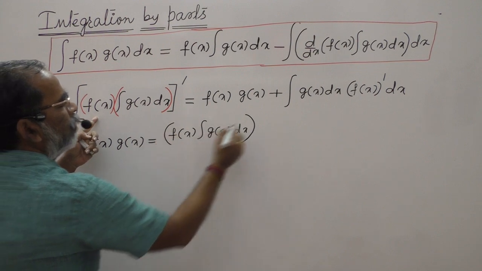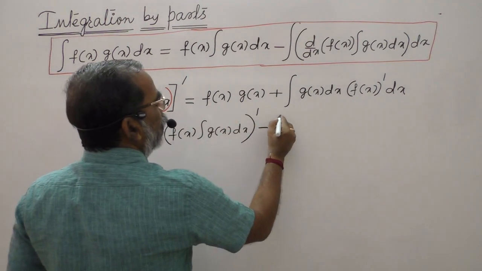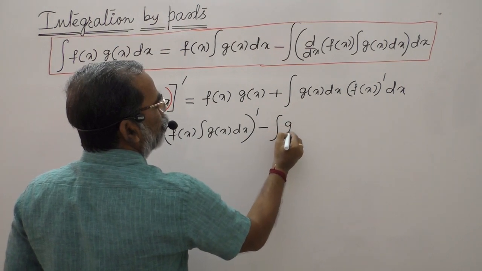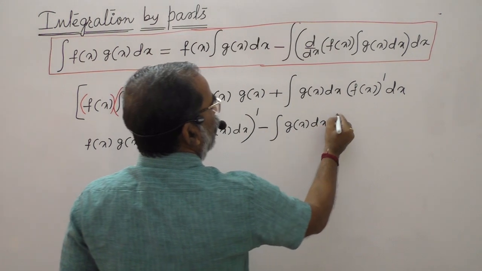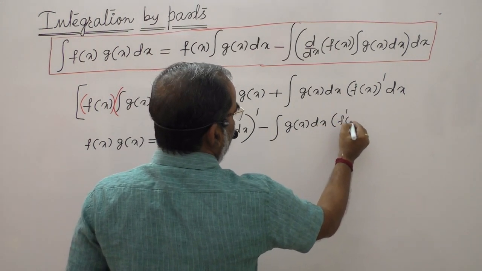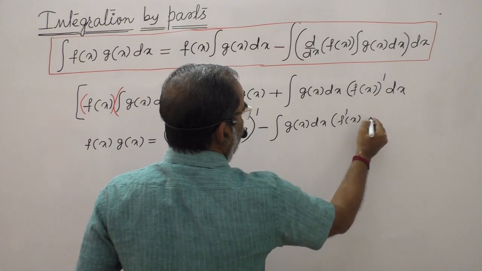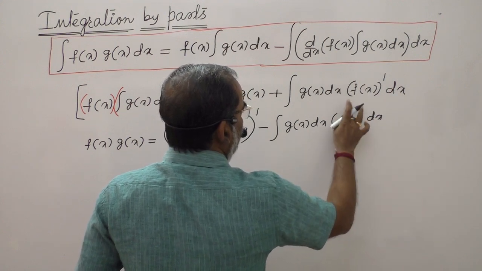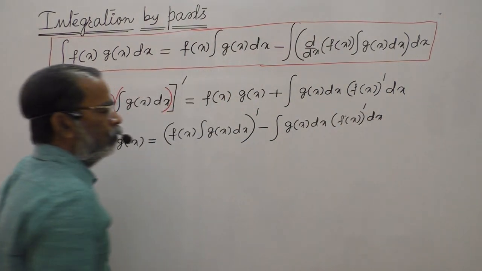That means derivative is there. This comes on the left side, it becomes minus f dash of x into dx. You can write like this, no problem.